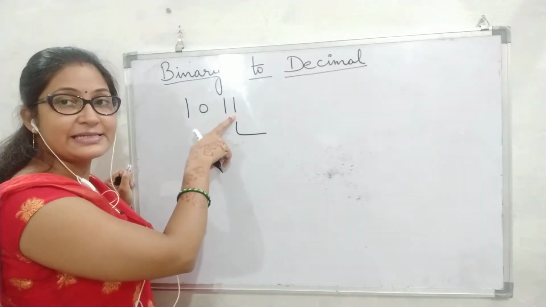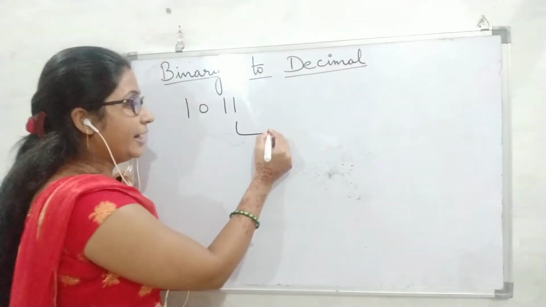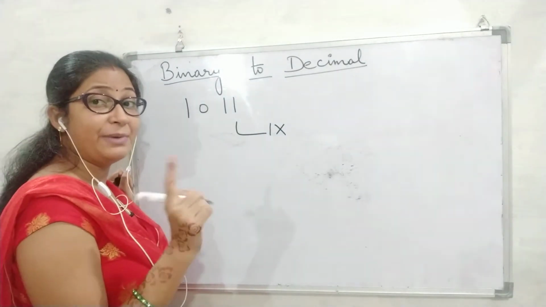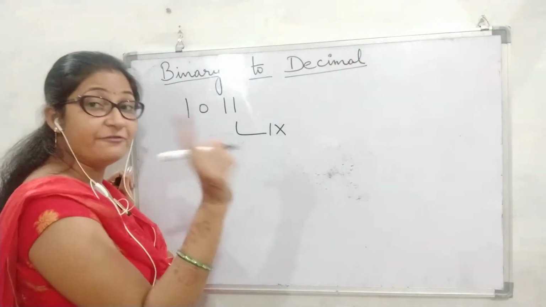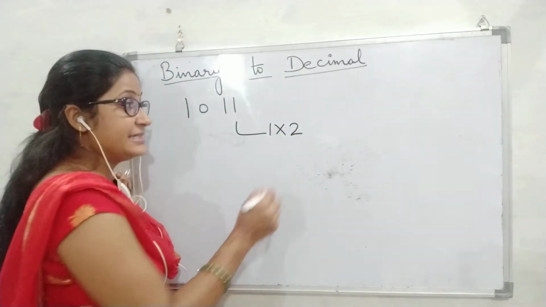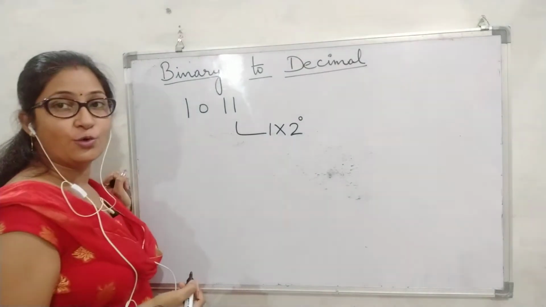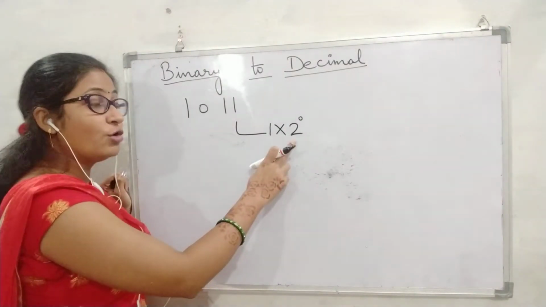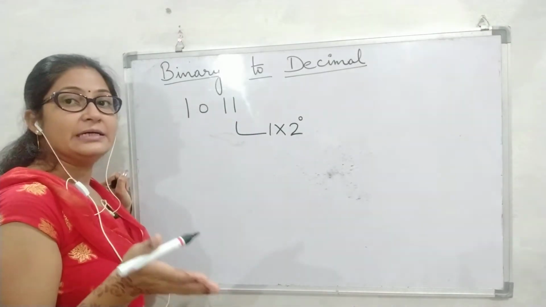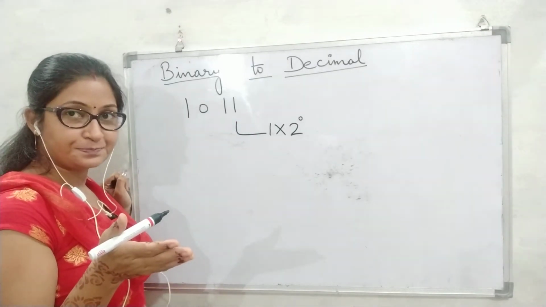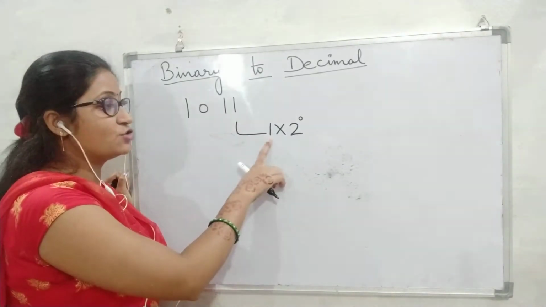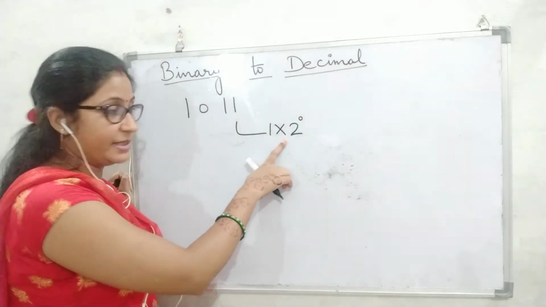So at the right hand side I have 1. So I am taking 1. This I have to multiply by the base of binary, which is 2, and raised to the power 0. The powers of 2 will start from 0, can go on in ascending order, and the same number which is written here has to be written here in the form of multiplication.